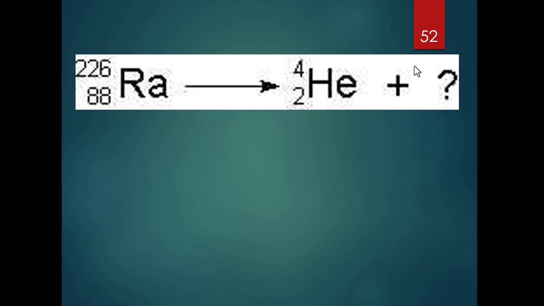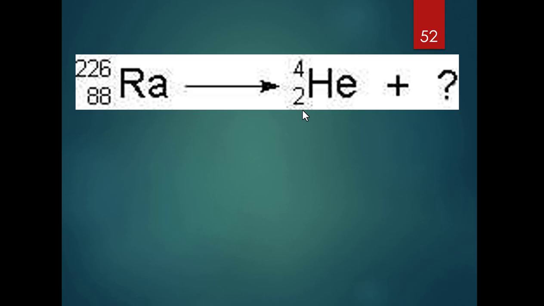So what is the new element? What forms here? So the way we get it, remember that 226 minus 4 will give us the new mass number, and the 88 minus 2 will give us the new atomic number.